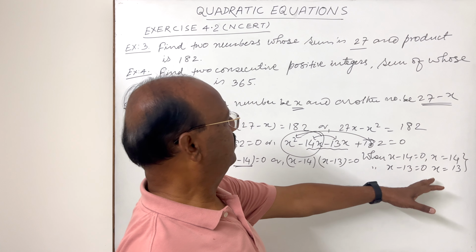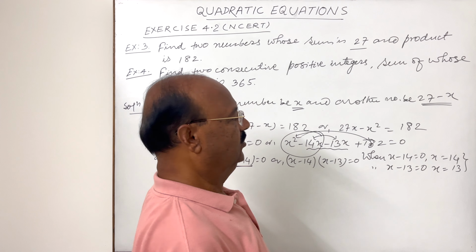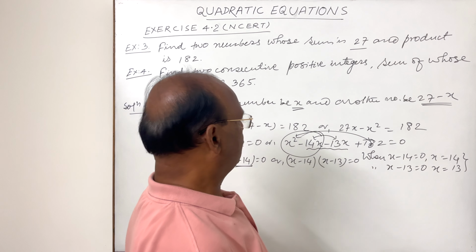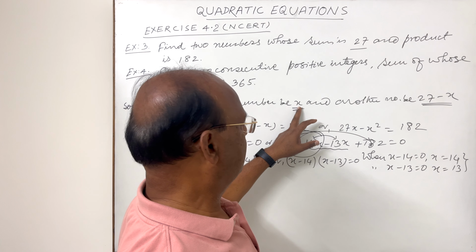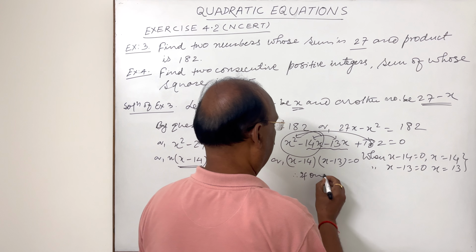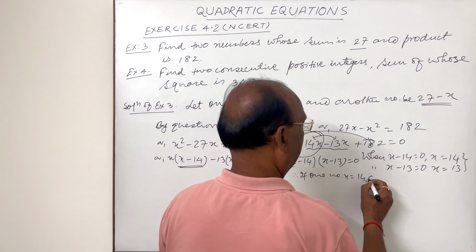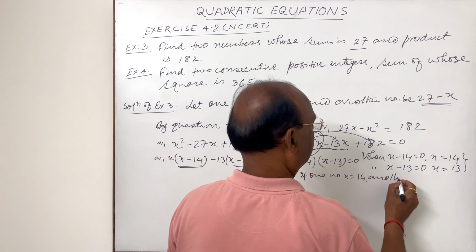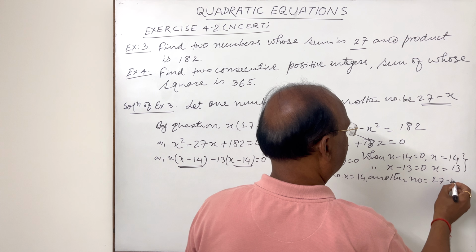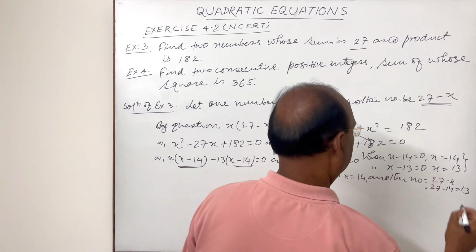And by putting these values in the other number, 27 minus x, we will get the next number. So if one number, x, is equal to 14, another number is 27 minus x, which is 27 minus 14, equal to 13.